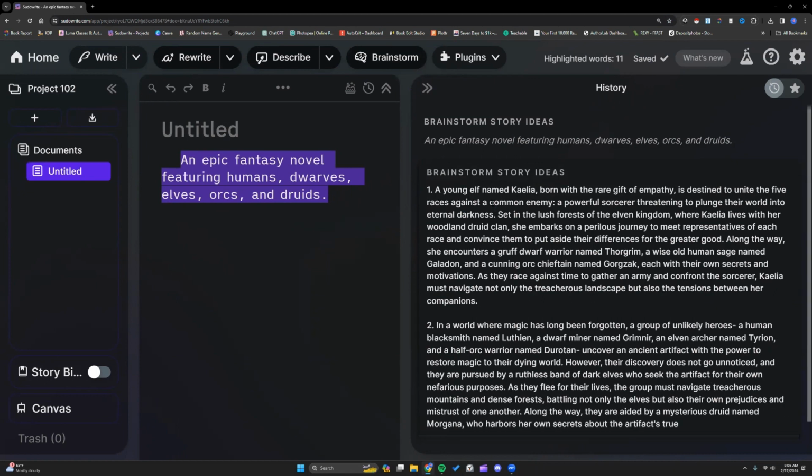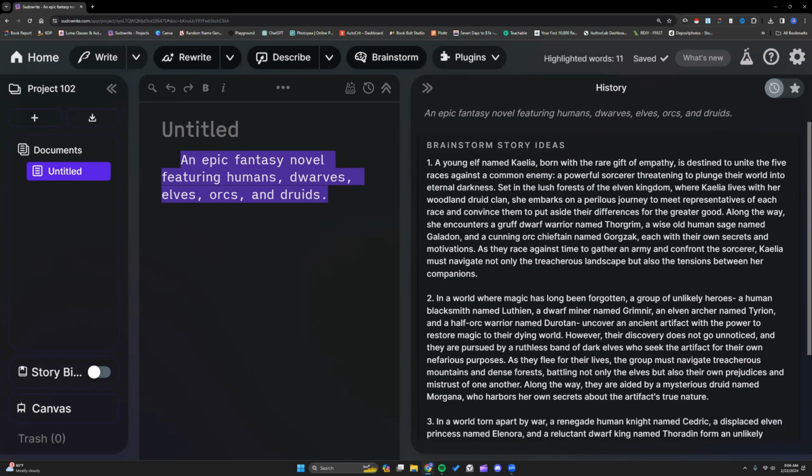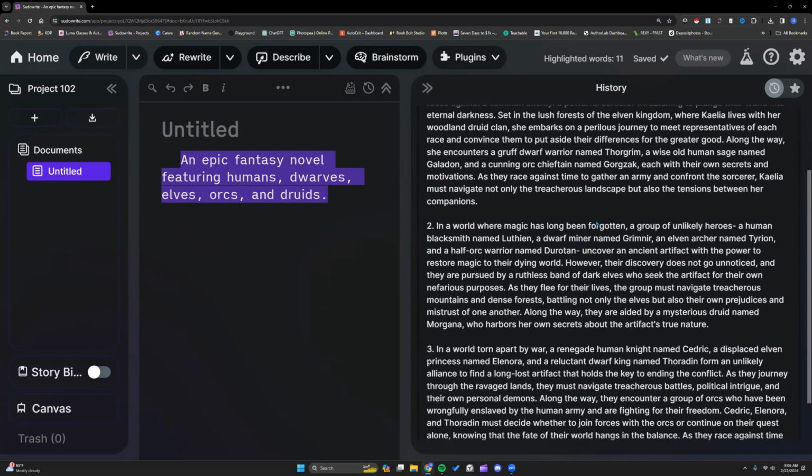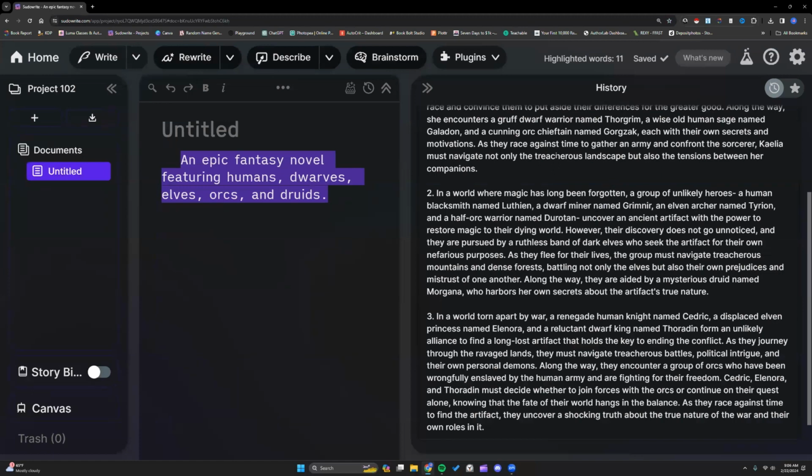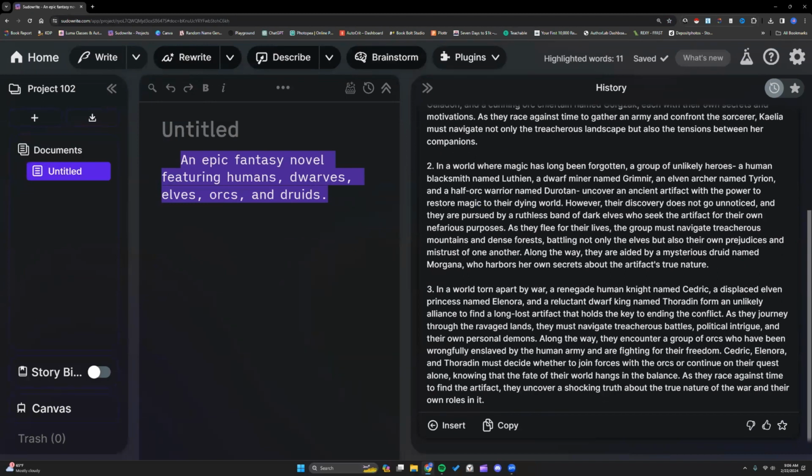We have a young elf named Kalia, born with the rare gift of empathy. Okay, not great on the first one. Human blacksmith, dwarf miner, elven archer.